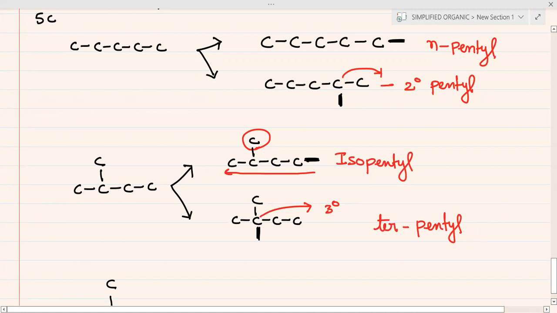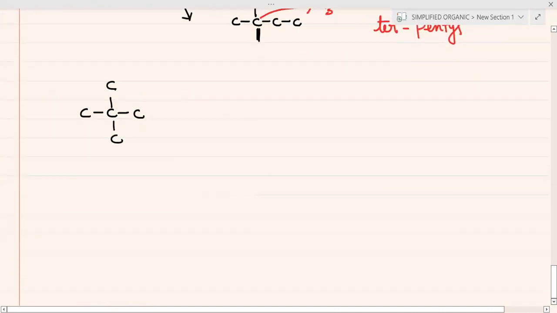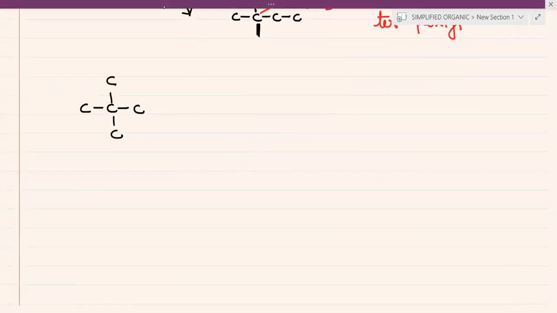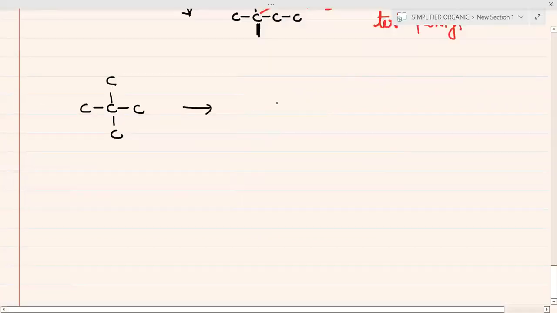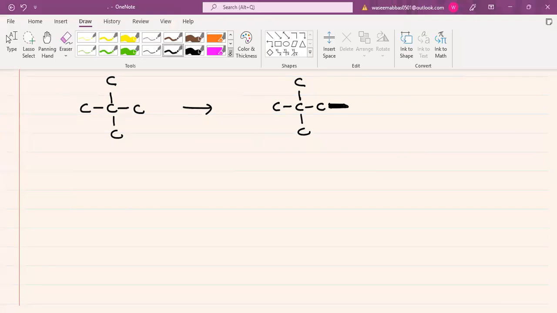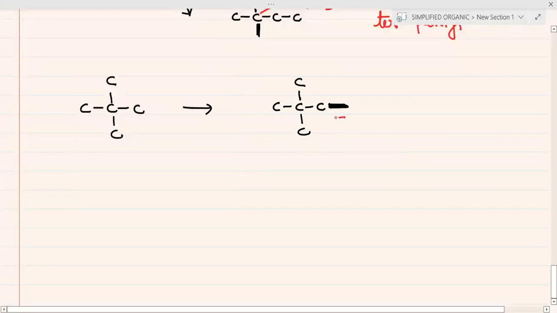Now, the last branch. From this we can make only one kind of branch, that is from this carbon; any of the carbons you can make a branch. When you look at this from the direction of the branching, this is the last carbon we have.